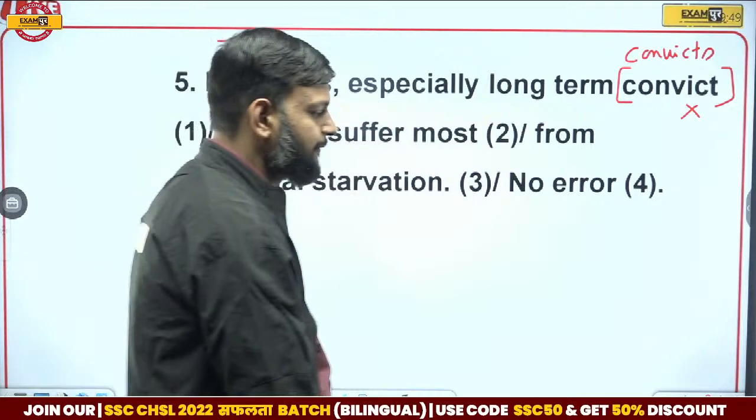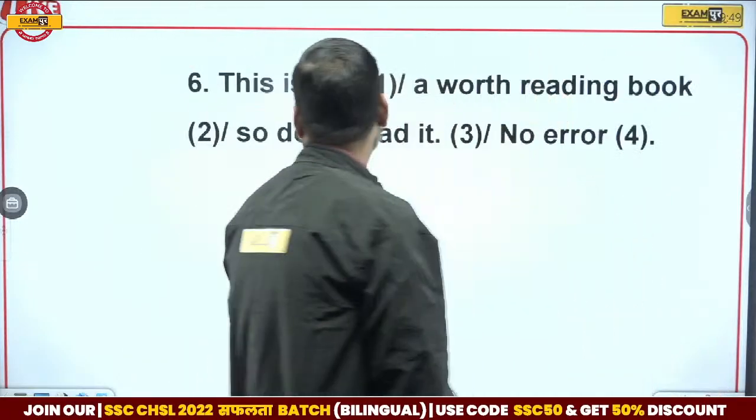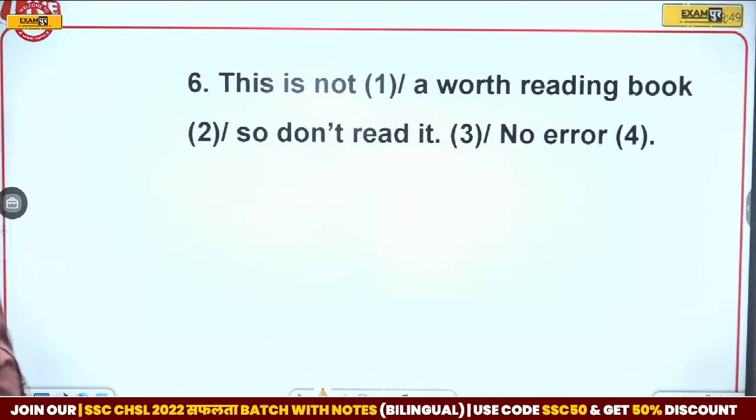Okay, now the next one. This is not a worth reading book, so don't read it.